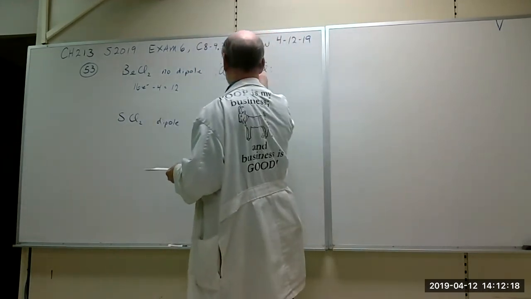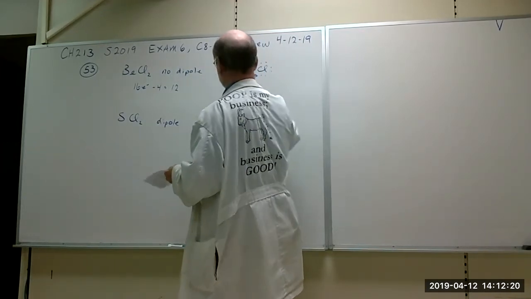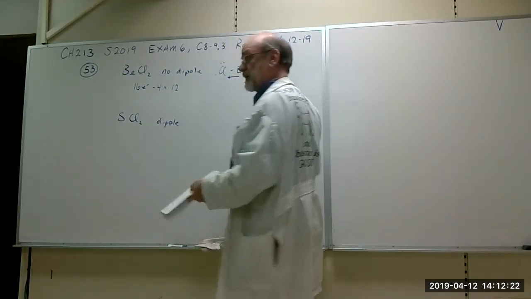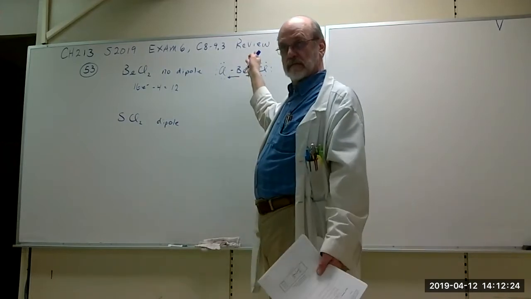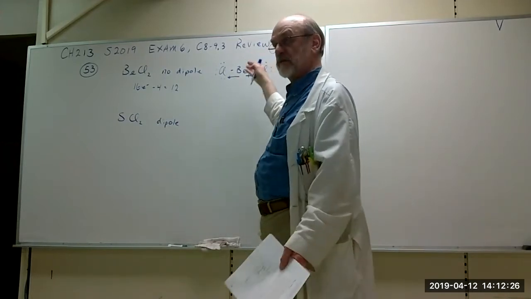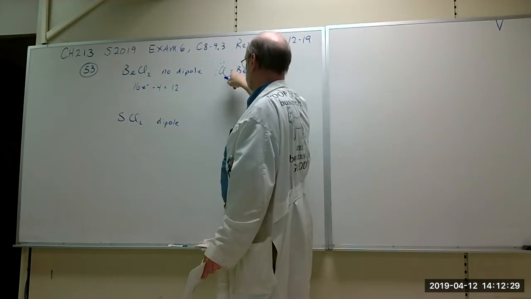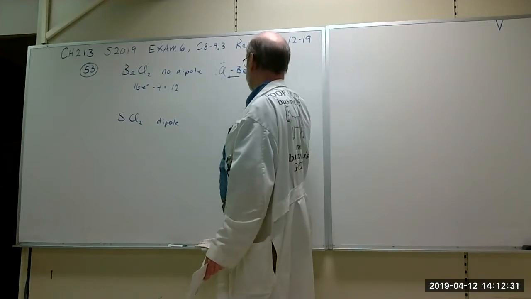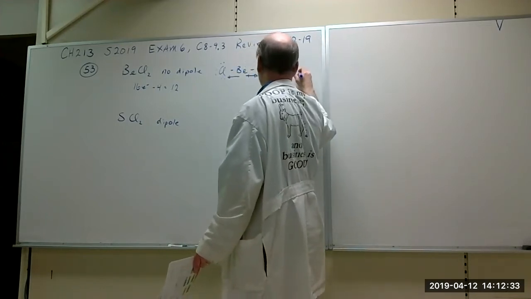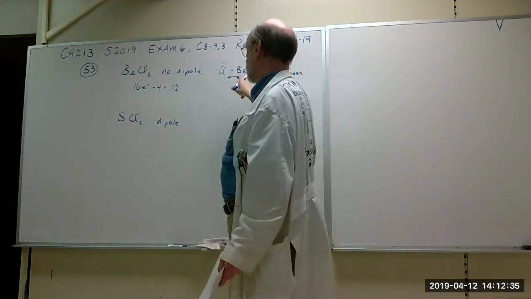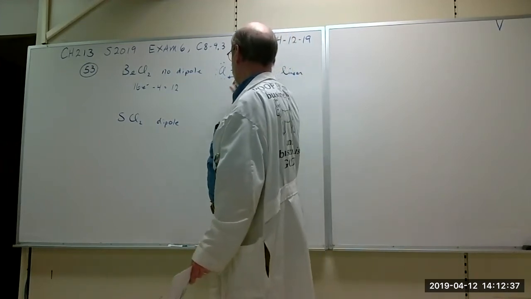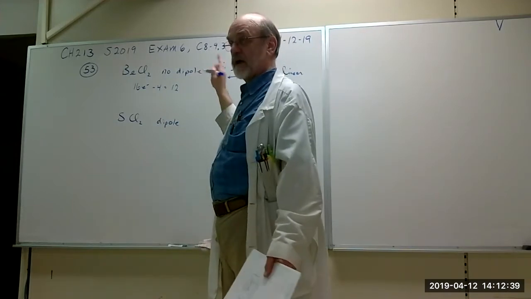So even though we have this, beryllium is deficient. It's octet deficient. But it still has 2 groups, so that means it's linear. So this is true as written. These dipoles cancel one another out. That's why beryllium chloride has no dipole.